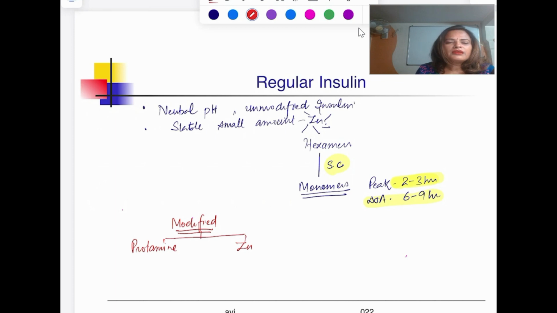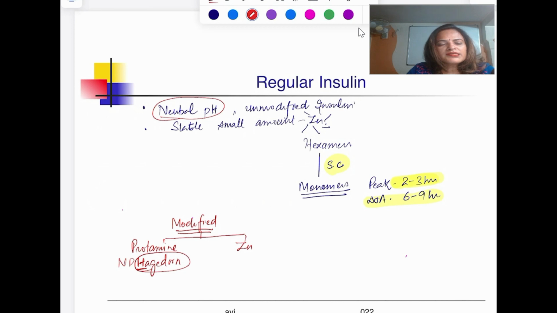With protamine, this insulin is called neutral protamine hagedon. The pH is neutral, as it was here. Here also we keep the pH neutral and add a basic protein, protamine, and this was done by a person named Hagedon, so it is named after him.